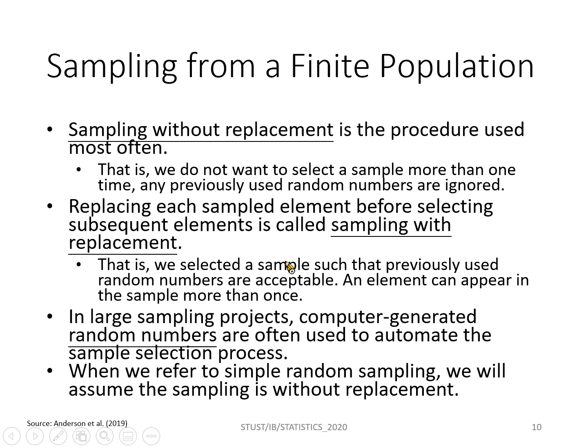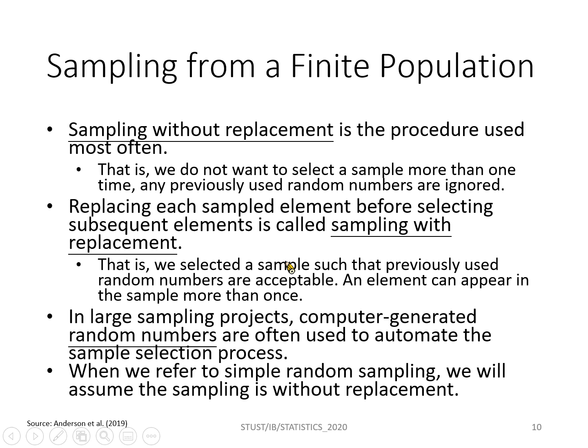Any previously used random number is ignored. Replacing each sample element before selecting the subsequent element is called sampling with replacement. That is, we may select an element that has been used previously, and we still use it. And that means an element can appear in the sample more than one time.